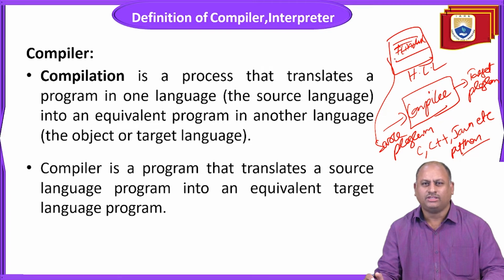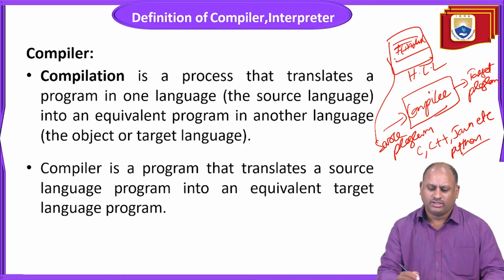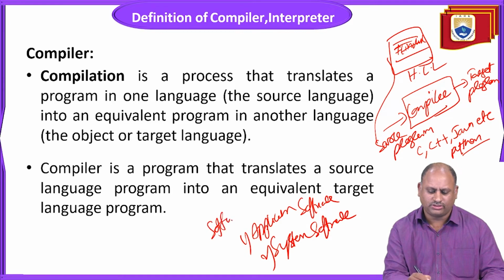For example, here the software is once again divided into two parts. That is application software and system software. These two categories come under software.